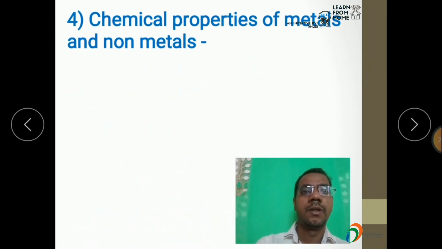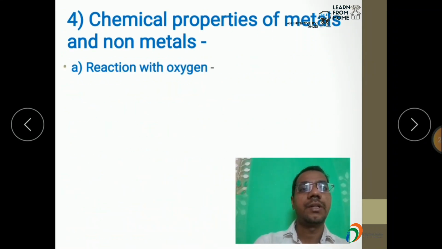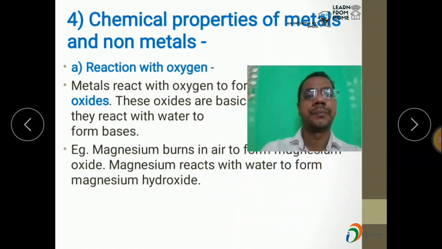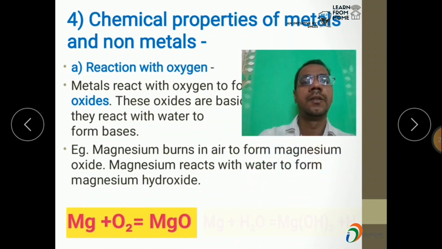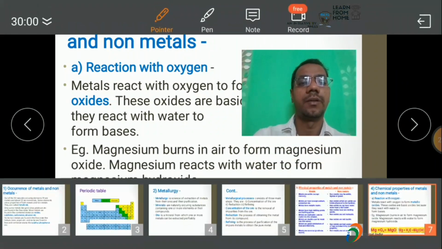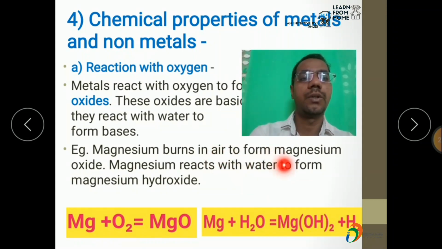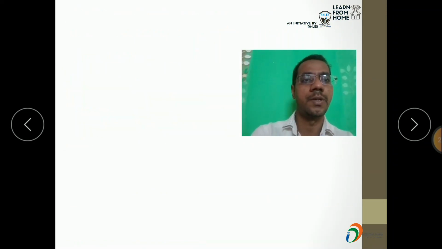Next, chemical properties, it means reaction with oxygen. When metals react with oxygen they form the oxide, and when this oxide reacts with water, okay, metal with oxygen forms metal oxide, and these metals react with the water to form metal hydroxide plus hydrogen.